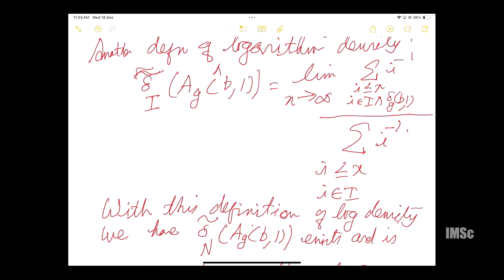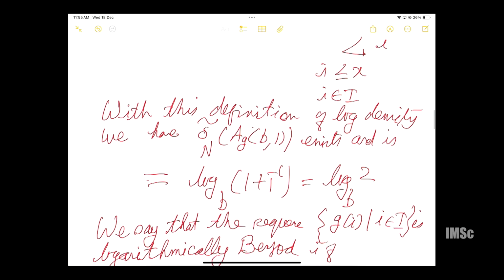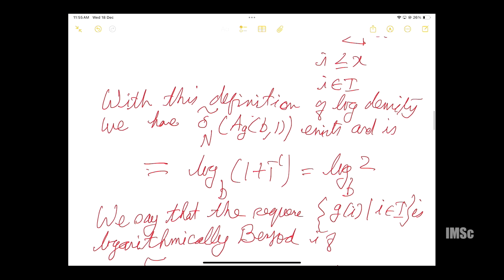Of course, you can see from this that if I take my set I to be N, all positive integers, natural numbers, then this delta tilde of N does exist and is equal to this. So this is an example where the arithmetic density does not exist, but the log density exists.